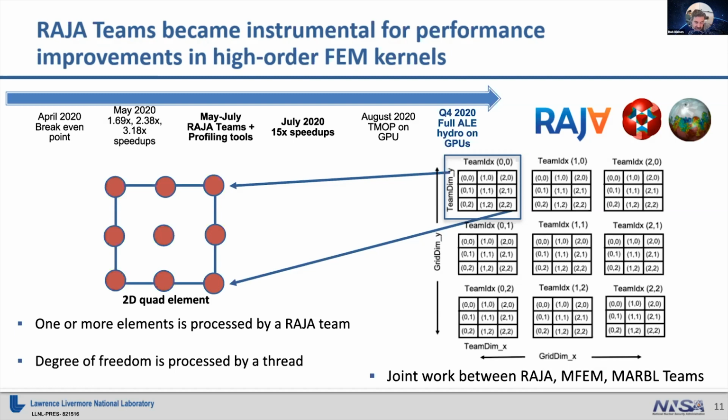We definitely benefited from all the hard work that went into MFEM and all the open source software development at Livermore. But getting this into the code, usually the first time you try to run on a GPU, things run slower. But you reach a point called break even where you're able to match the performance of one GPU enabled node versus a standard node. And from that point on, you can begin to make even more improvements.